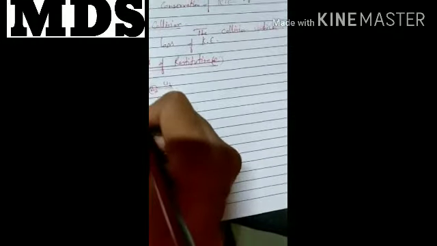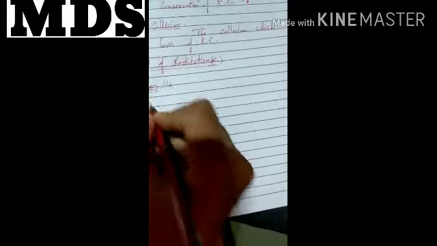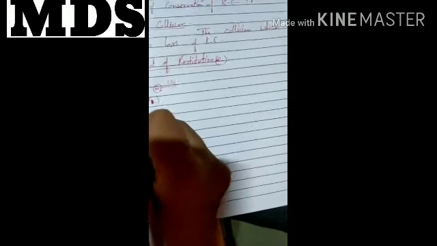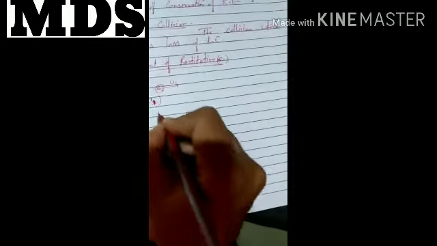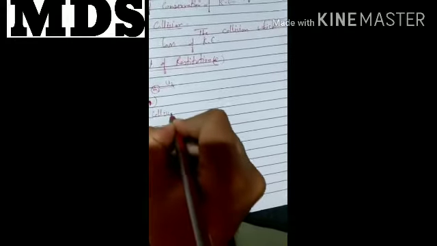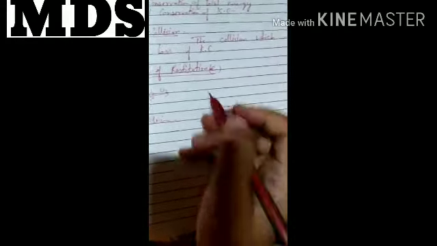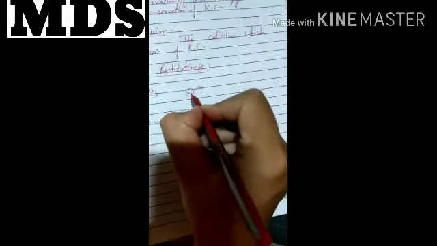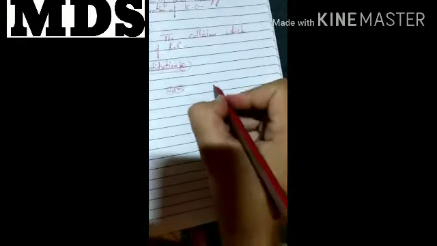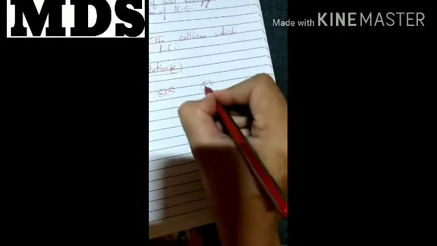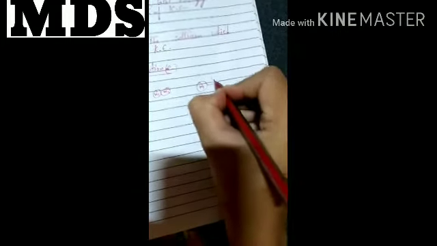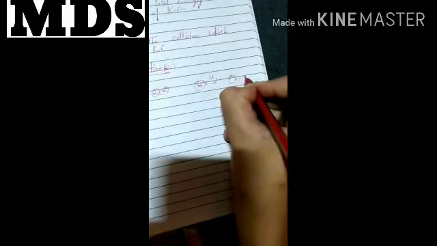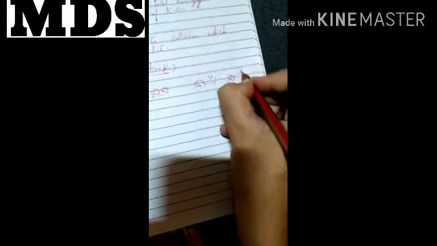This is the condition before collision. After some time they collide with each other, and after collision m1 has velocity v1 and m2 has velocity v2.